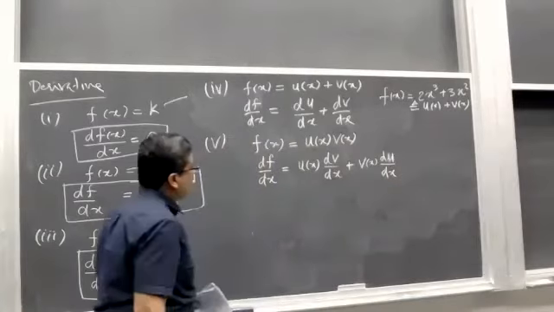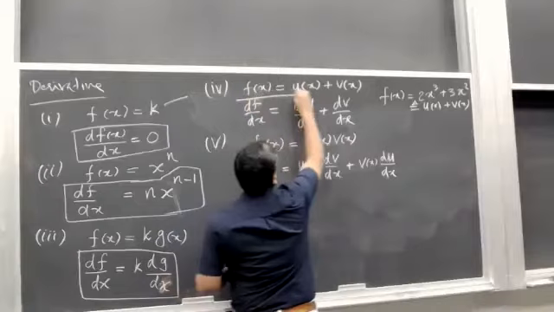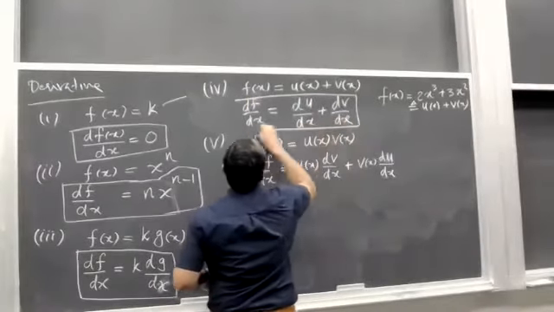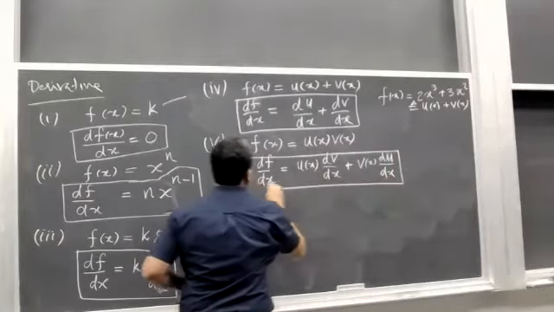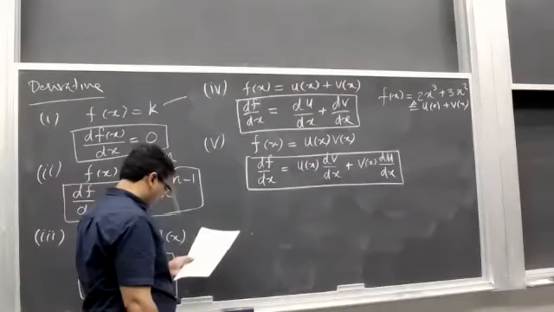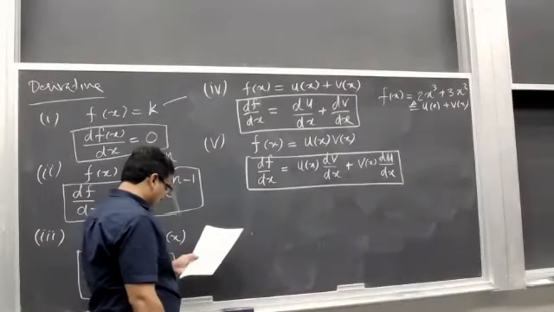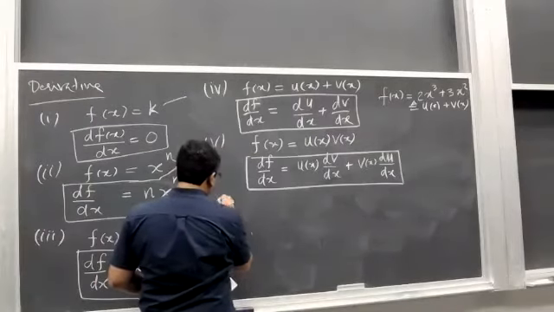Right? So this is the sum rule, this is the product rule, okay, and then we have the chain rule.